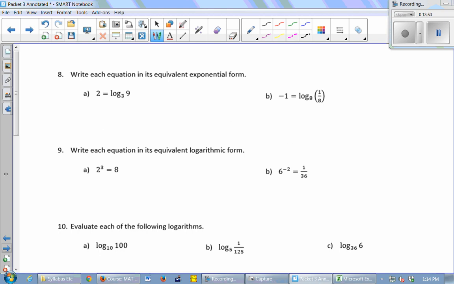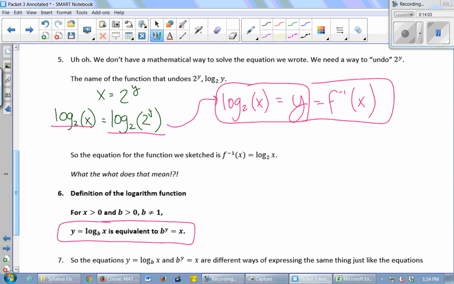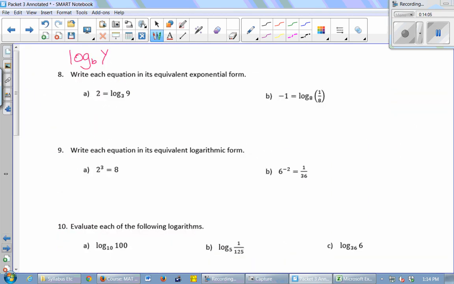So I'll just remind you up here, log base b of x equals y is equivalent, that double arrow means equivalent, to b to the y equals x. All right.